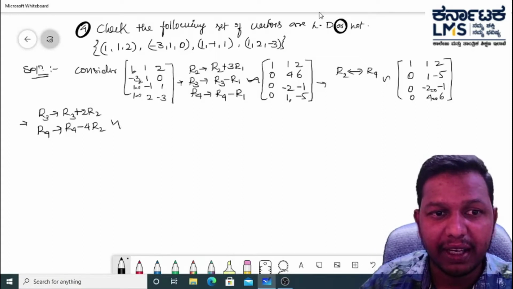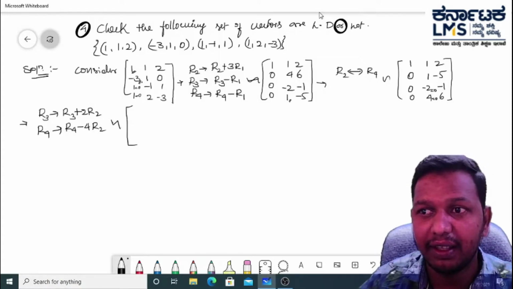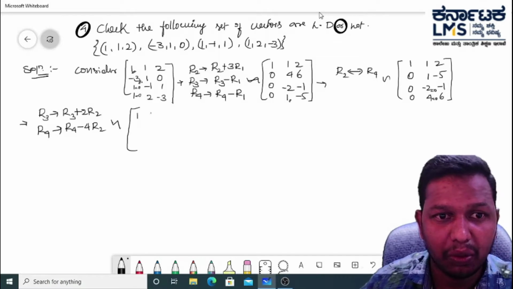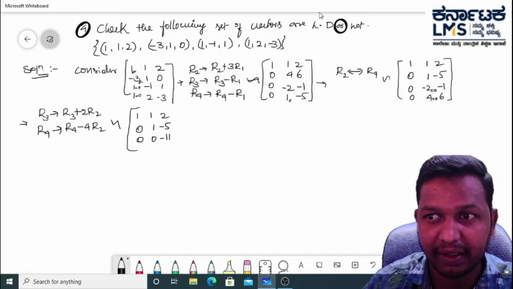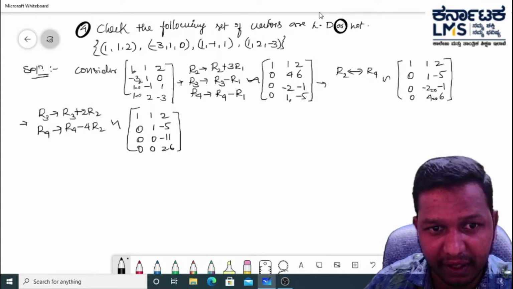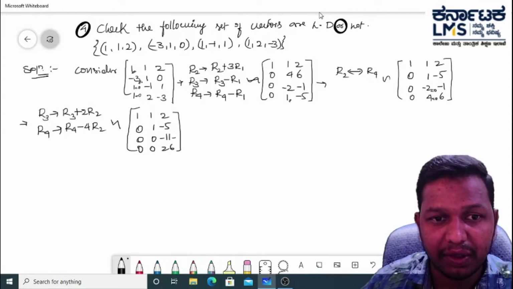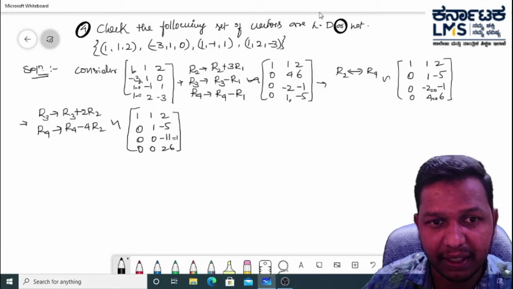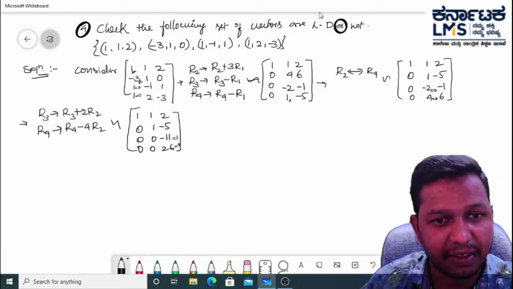The obtained equivalent matrix is 1 1 2, 0 1 minus 5, 0 0 minus 11, 0 0 26.